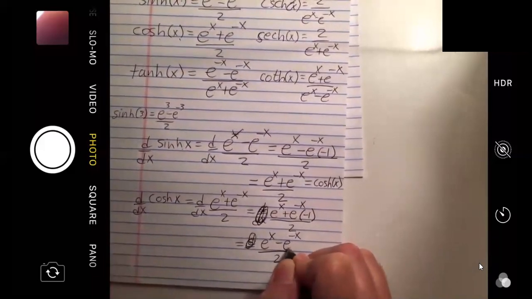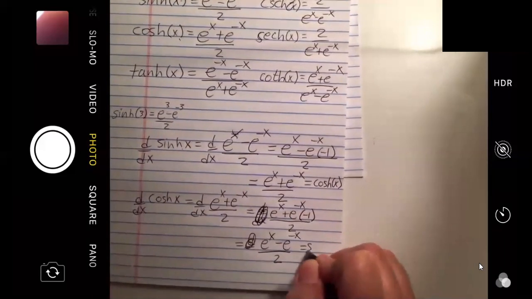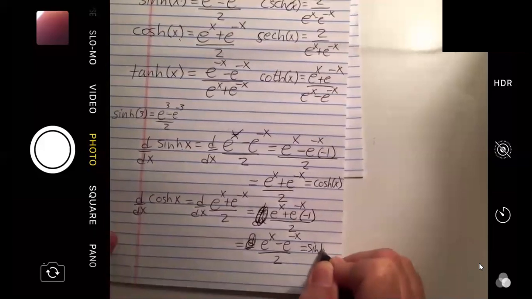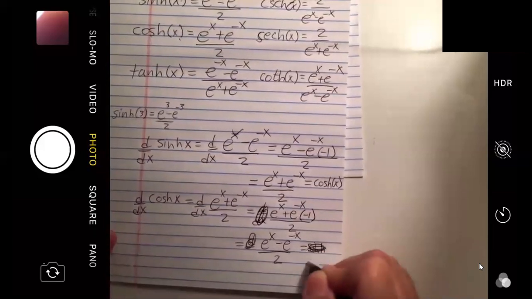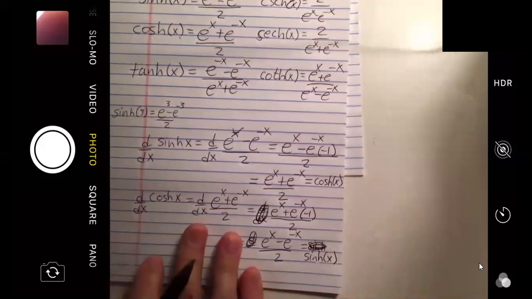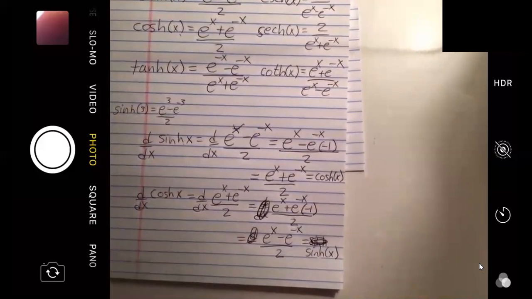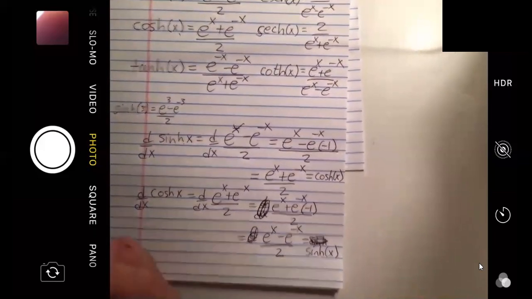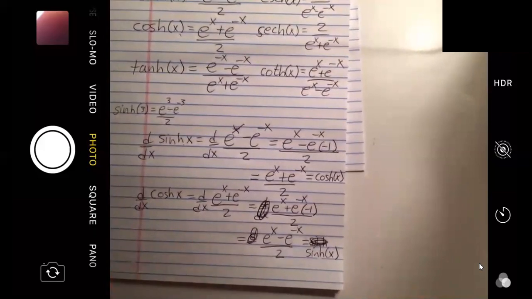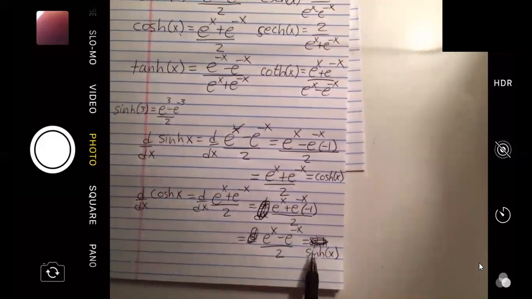That is exactly your sinh of x. So in other words, there's no sign flip. Derivative of cosine is negative sine. Derivative of cosh is a positive sinh. So it isn't a perfect analogy.